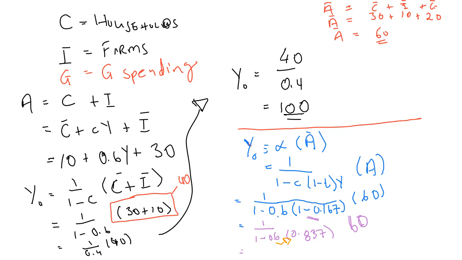What's the number that you guys get? Okay, love it. So we now have 1 minus 0.4998 multiplied by 60.